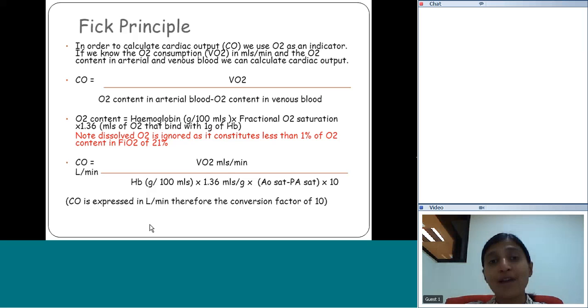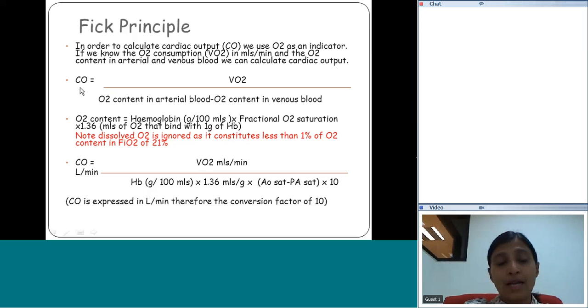However, this is the best that we have, and this is what we can use. So, like I said initially, hemodynamic calculations are prone to error, and they are not a miraculous answer to all your questions regarding operability. So if we apply Fick's principle and we want to calculate cardiac output.